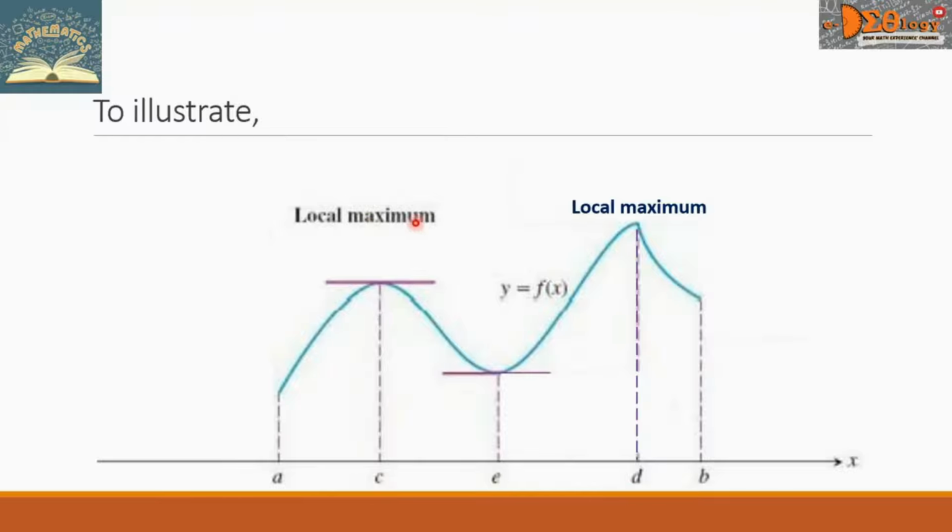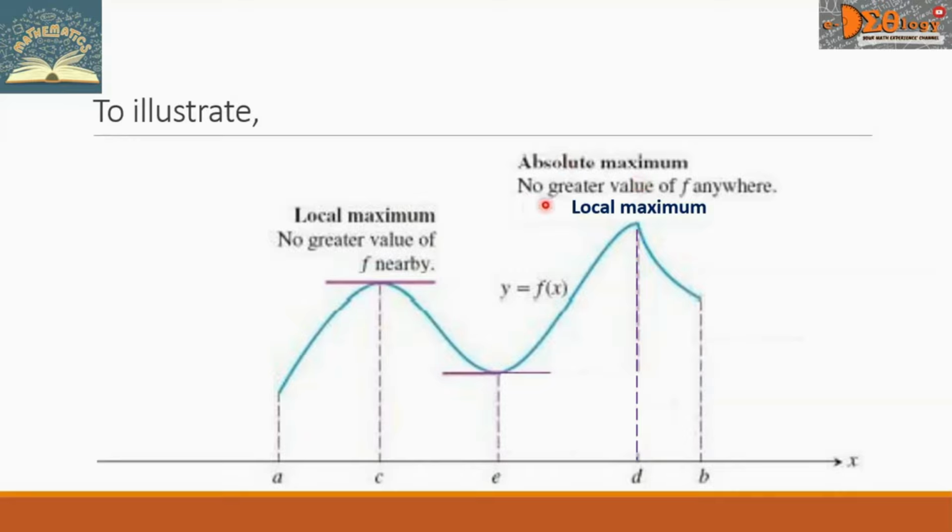Here, we say that this is a local maximum because there is no greater value of f nearby. And when x is equal to d, this point here is also called the absolute maximum. We say that there is no greater value of f anywhere, or this is the highest point of the graph.